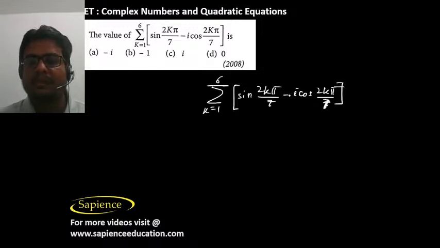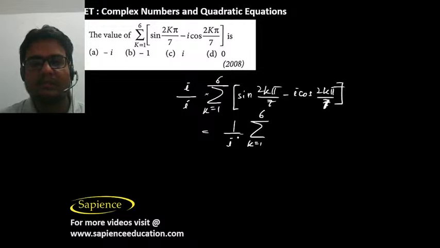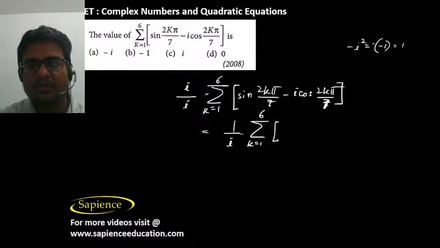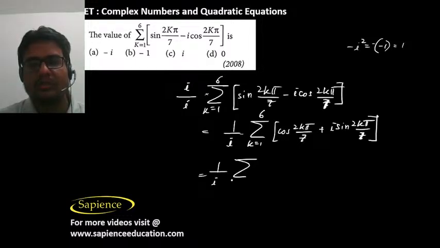So if we multiply and divide by i, we will get 1 by i, and multiplying this i inside, minus i square means minus of minus 1, that is equal to 1. So this will be cos 2k pi by 7 plus i sine 2k pi by 7. So this will be 1 by i into summation k equals 1 to 6.